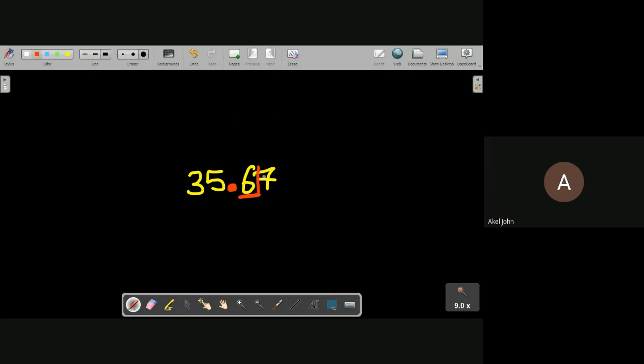And if that number is 5 or more, you add 1 to the left. So 35.67 to the nearest whole number would be, I'm going to put it in red, 36.